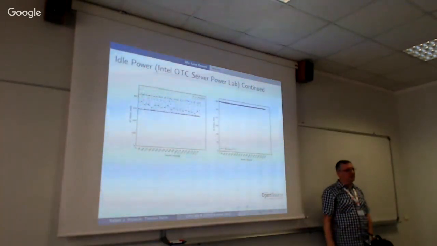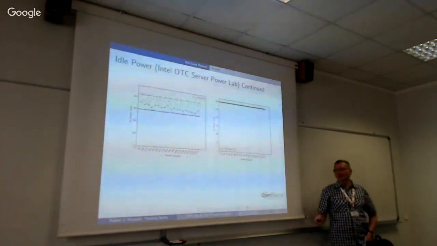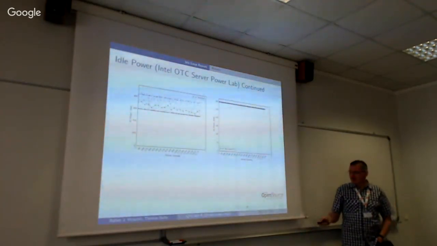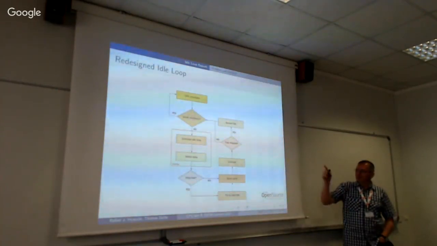Out of curiosity, was it only a localized change in the idle loop? No, it wasn't. You had to redesign the NOHZ code. Let me go back to the flow diagram.